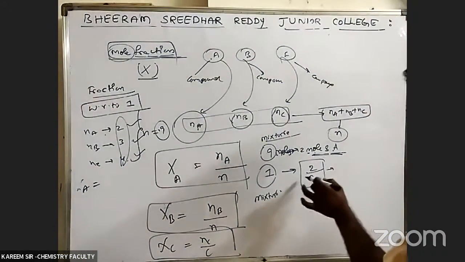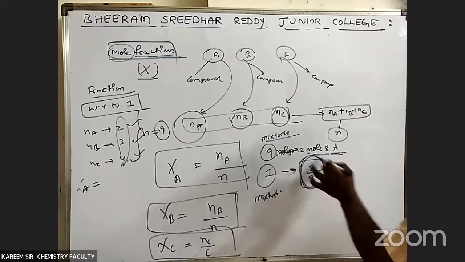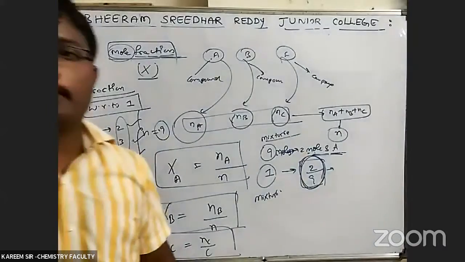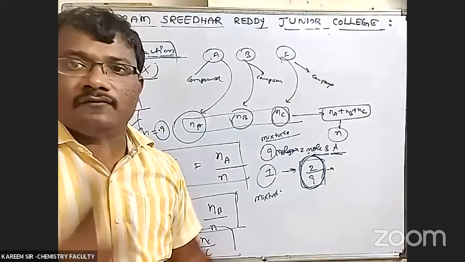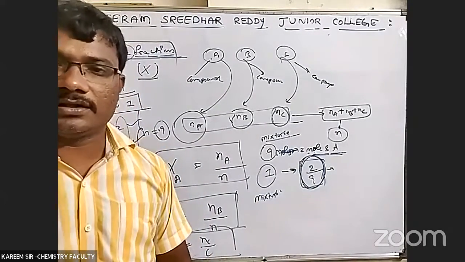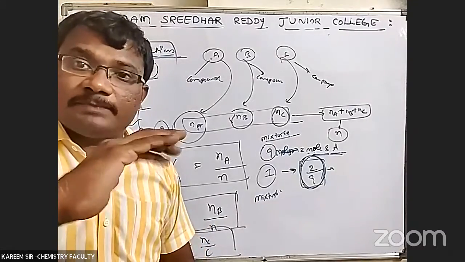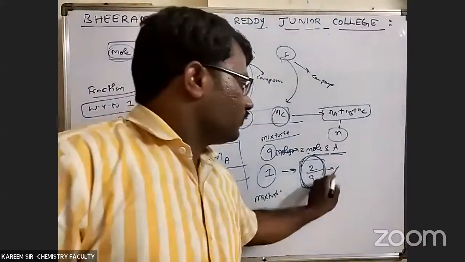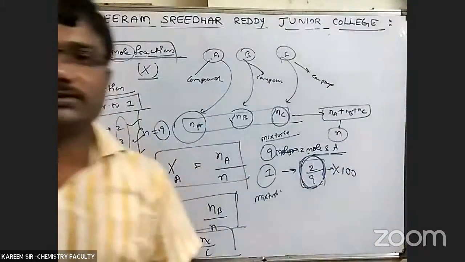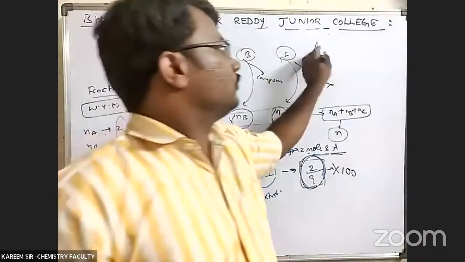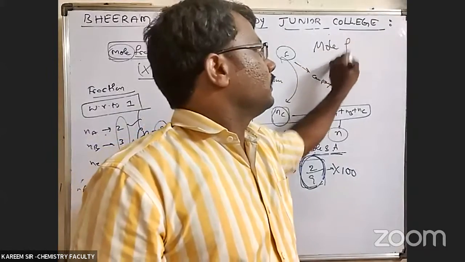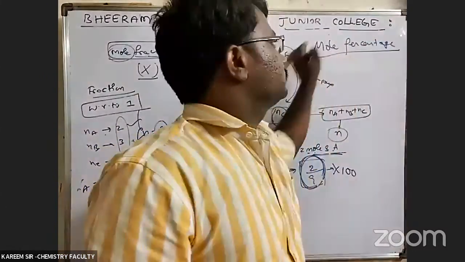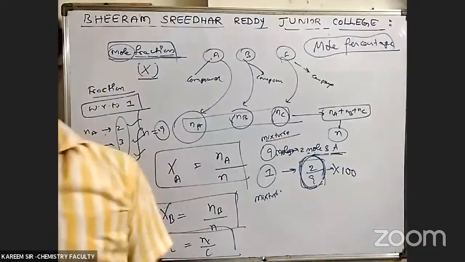This is the number of moles of A with respect to 1 mole of the mixture. If you calculate with respect to 100 moles of the mixture, instead of 1 mole, that will give the mole percentage.